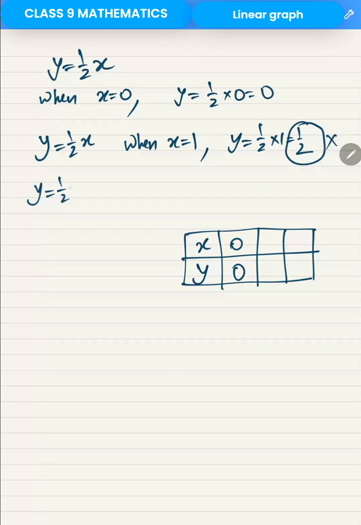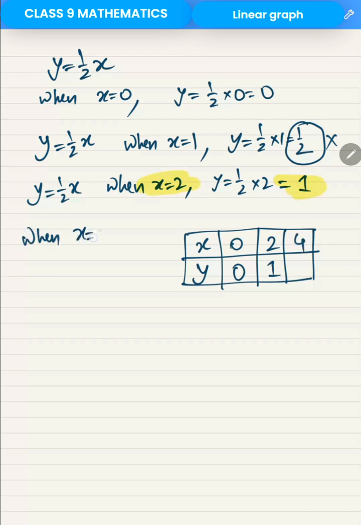Take another value of x is equal to 2, putting it in the equation we get y is equal to 1 by 2 into 2. It gives y is equal to 1. Write it in the table: when x is 2 then y is 1. Now take the value of x is equal to 4. Putting it in the equation, we get y is equal to 1 by 2 into 4.